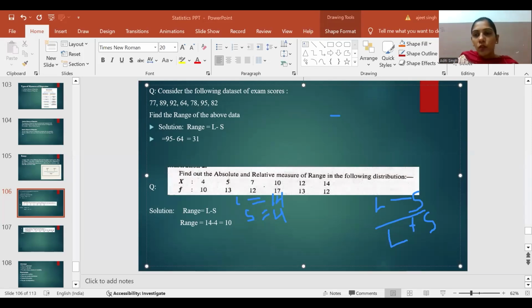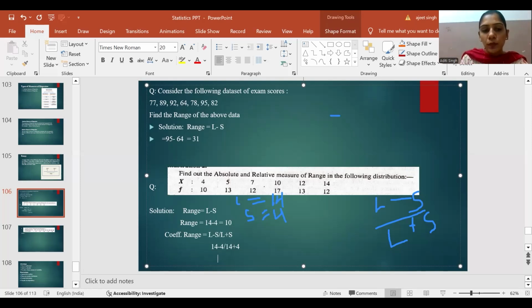Let's calculate. We have already calculated the largest and smallest values in this given distribution. To calculate the coefficient of range, the formula is the largest value minus the smallest value divided by the largest value plus the smallest value. So 14 minus 4 divided by 14 plus 4.